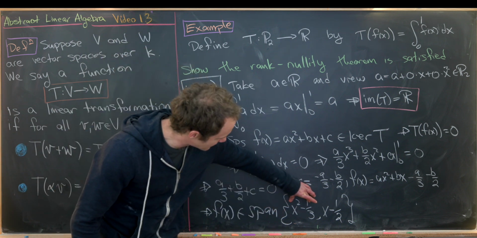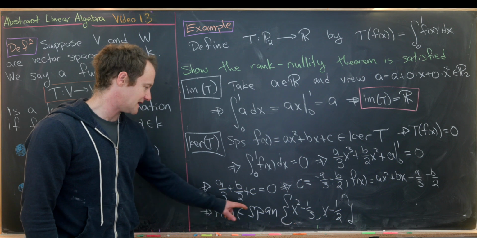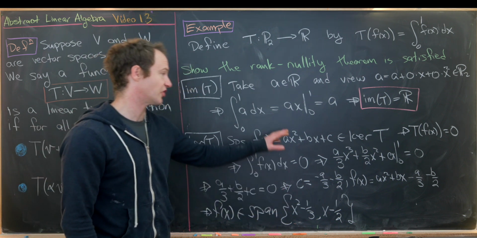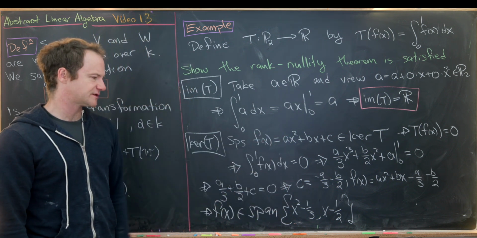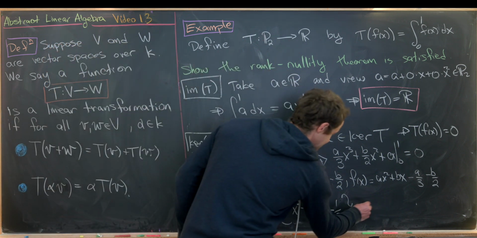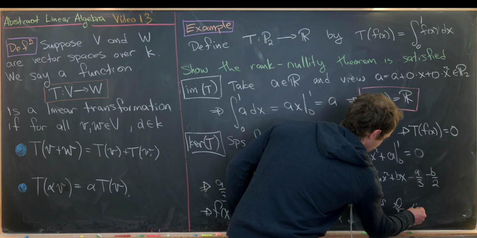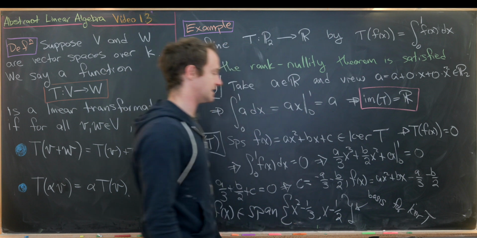You just weight this one with a and this one with b. Okay, but that means that this spans the kernel. But then you can also check easily that these are linearly independent. So this is in fact a basis for the kernel of T.